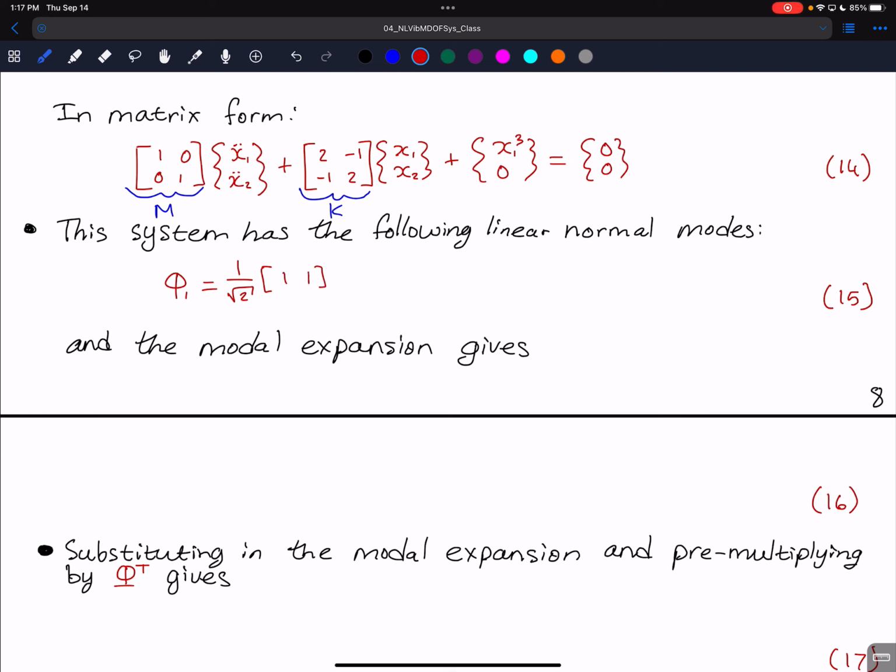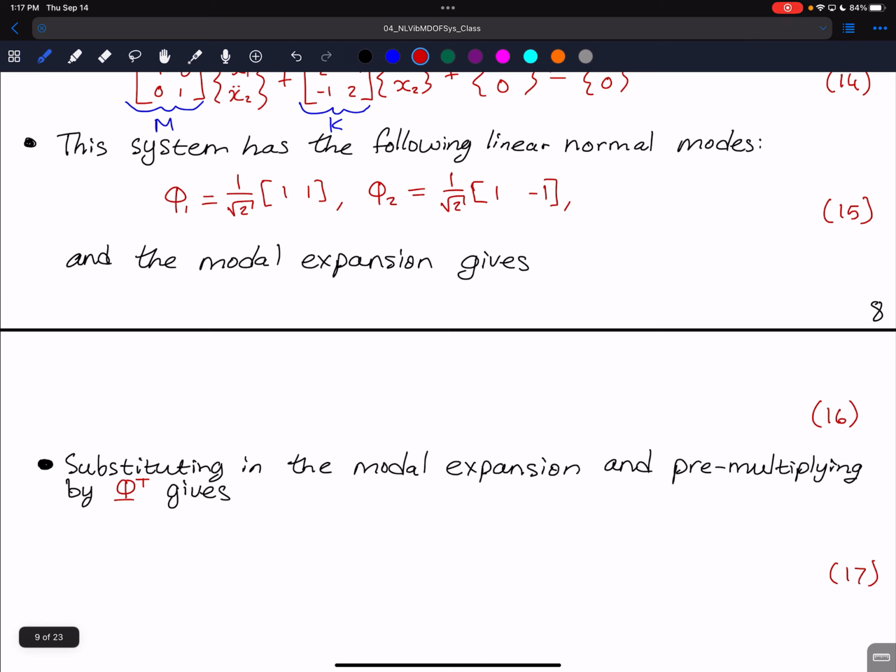So this is in phase motion, each oscillator moving together in the same direction at the same time. The second mode, phi2, is equal to 1 over the square root of 2 times the vector 1, minus 1, and then this is your typical out of phase mode. Okay, so then our modal expansion, which again is that x is equal to phi times eta.